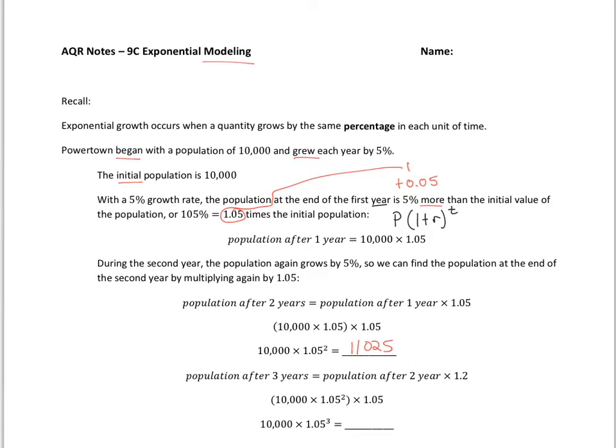And the population after 3 years would be 11,576. And then we can just keep this going. After so many years, you can see that the exponent would match the number of years. And then we can just generalize to this expression right here.